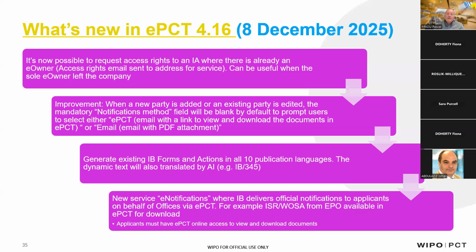It means that now EPO, as ISA, as soon as they issue the international search report and written opinion, they will upload the documents to the IB, so we will get access to the documents, and straight away we will send an e-notification to the address for service telling you that the reports are now available in ePCT.